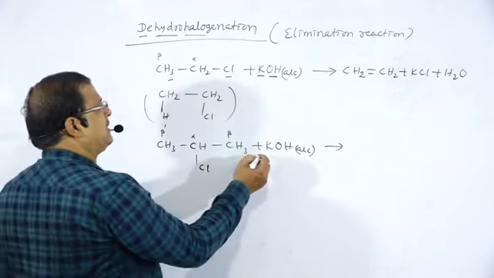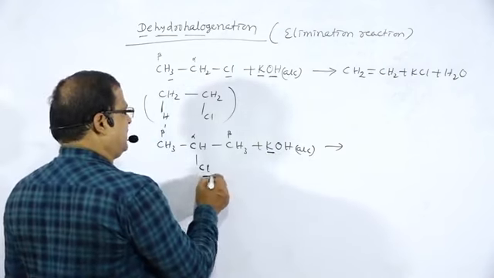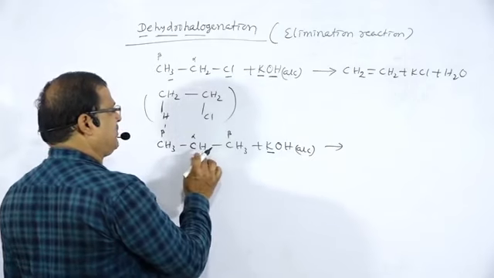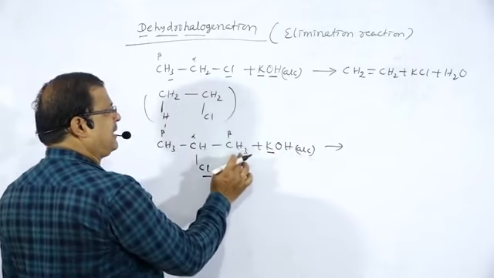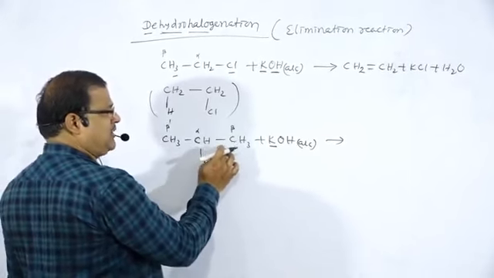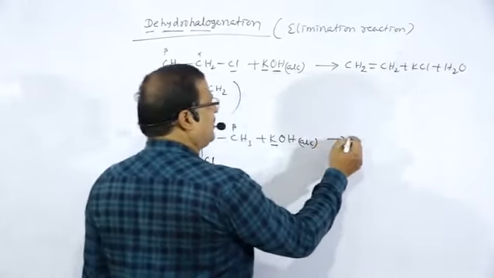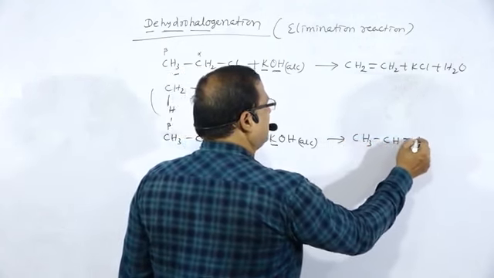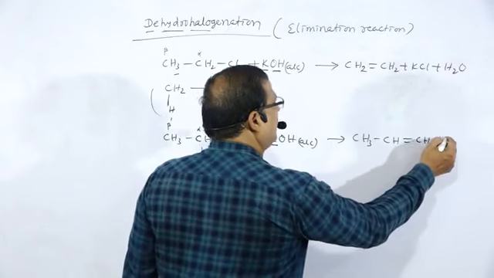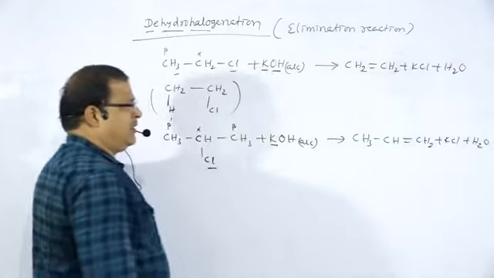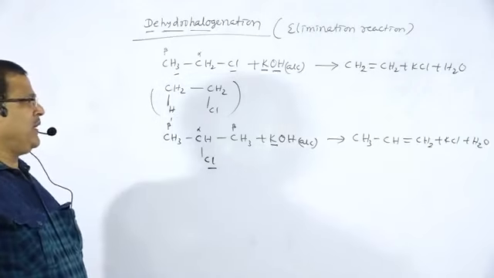OH and H are removed in the form of water, K and Cl in the form of KCl. We have to insert a double bond here. So the product will be CH3-CH=CH2 plus KCl plus water. There is the formation of propene.